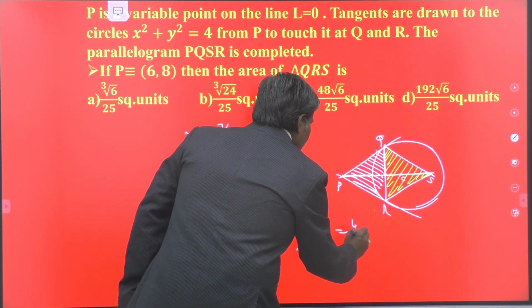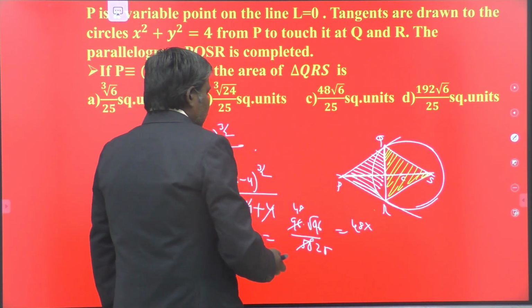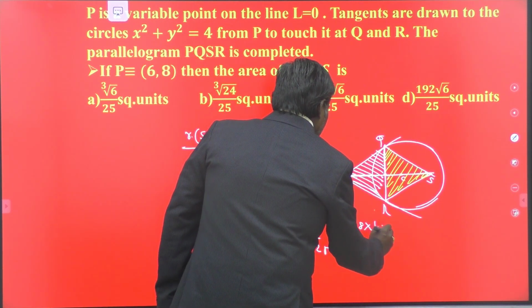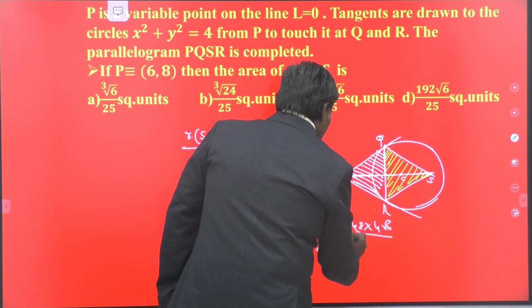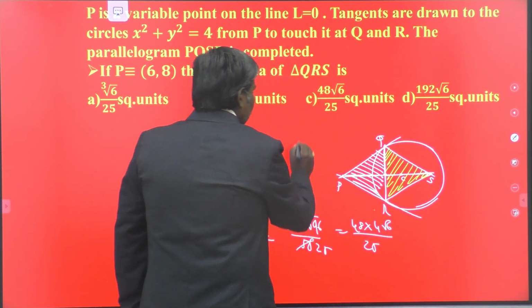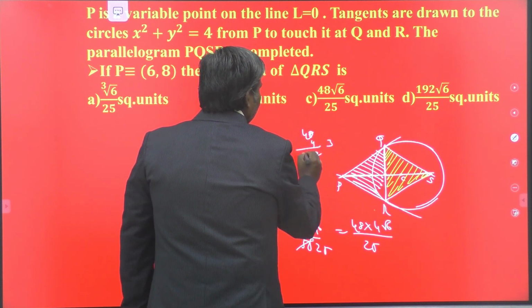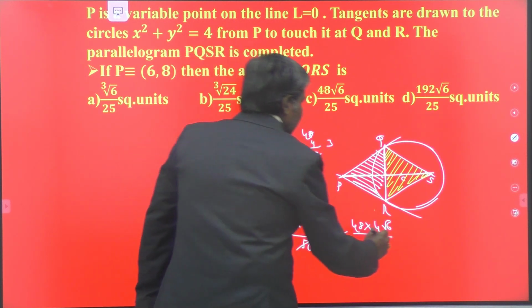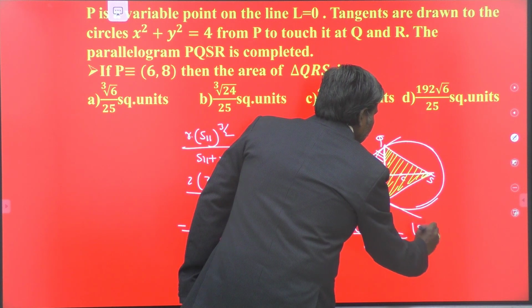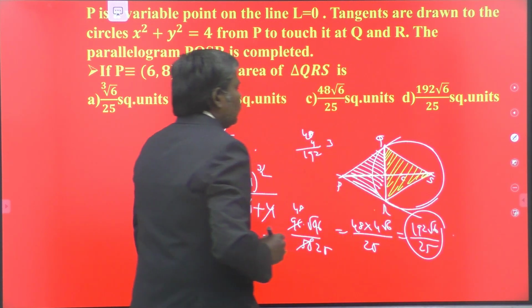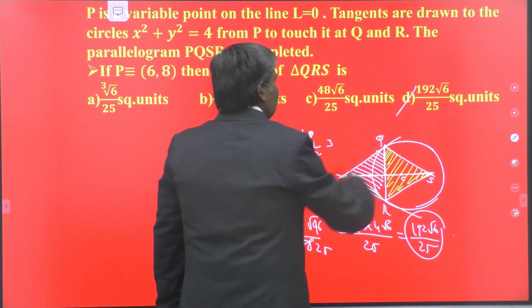Root 96 is 4 root 6, so 48 into 4 is 192. It is nothing but 192 root 6 by 25. So option D is the correct option.